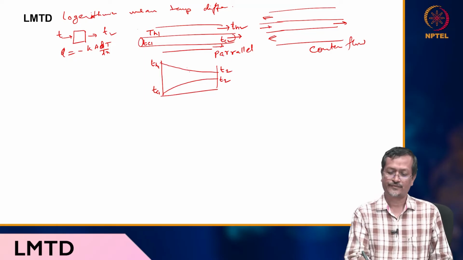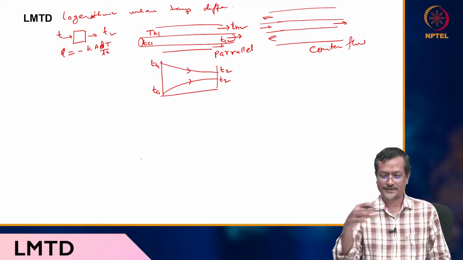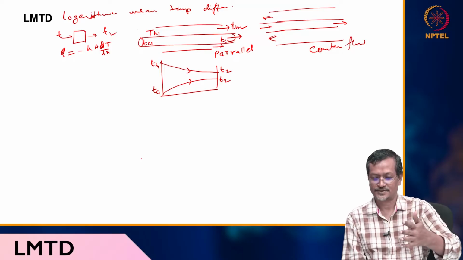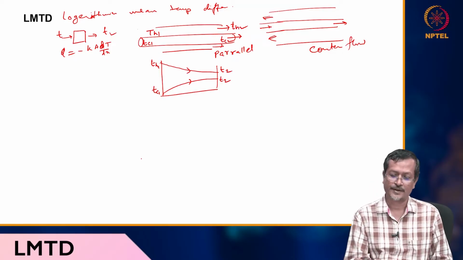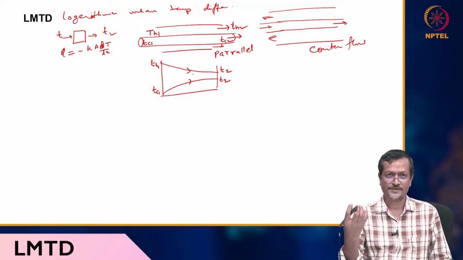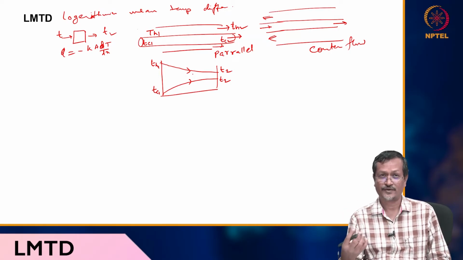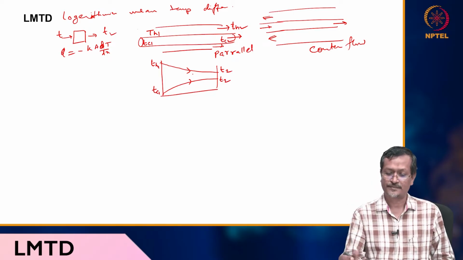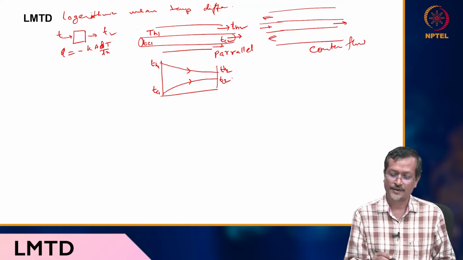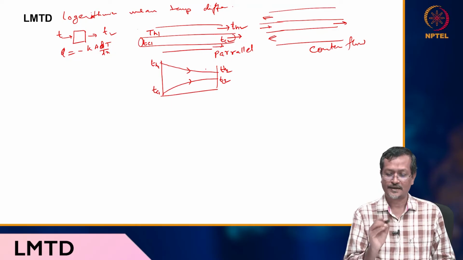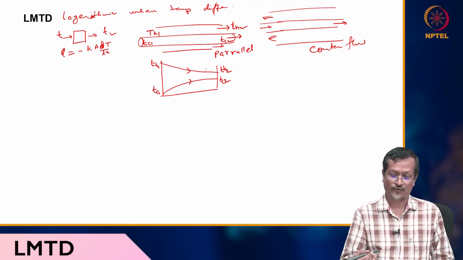If fluid is flowing like this, then the hot fluid will be releasing heat and the cold fluid will be accepting heat. We are assuming there is no heat loss in any other way. So the amount of heat released by the hot fluid will be absorbed by the cold fluid, the same amount.